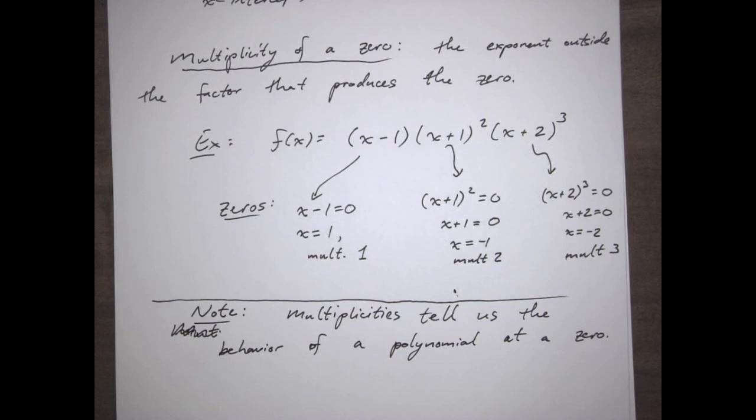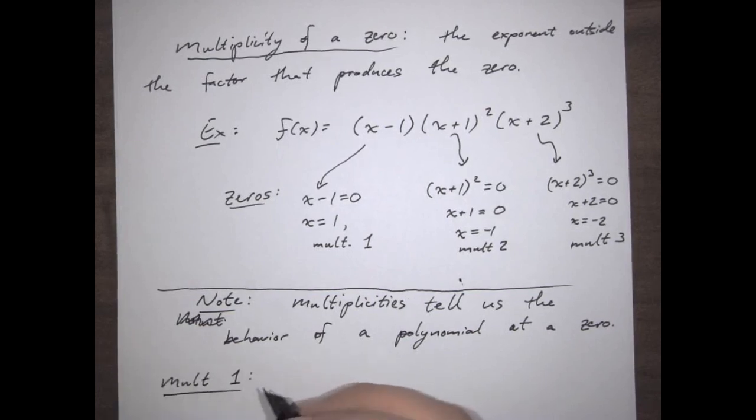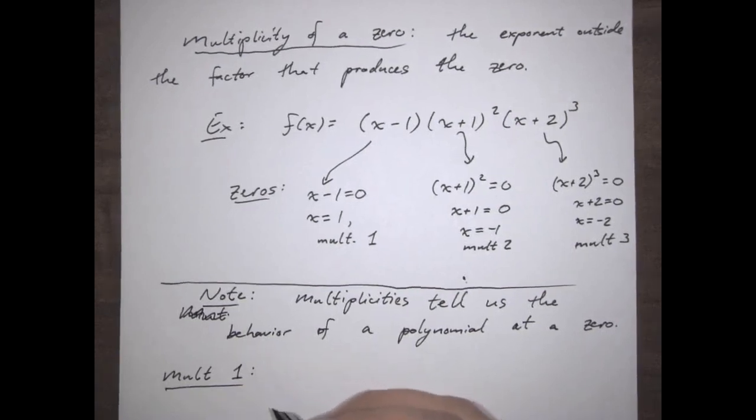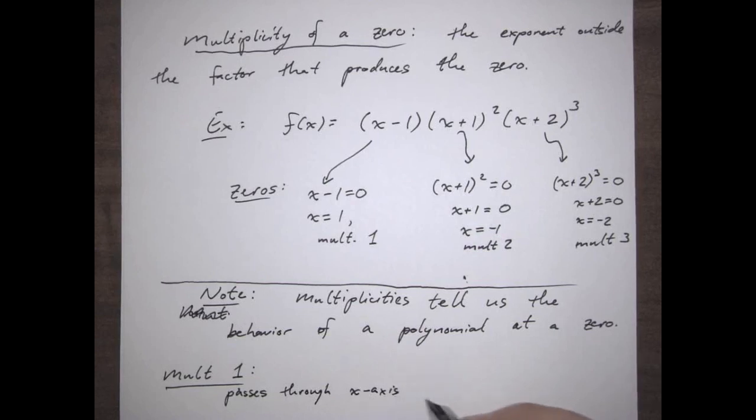Will it pass right on through? Will it bounce right off? Will it wiggle through? So multiplicity 1. This means that this has degree 1, which means it passes through the x-axis like a line would.